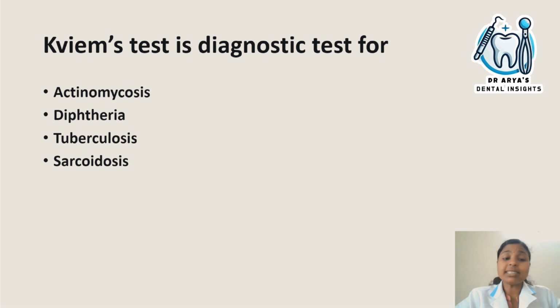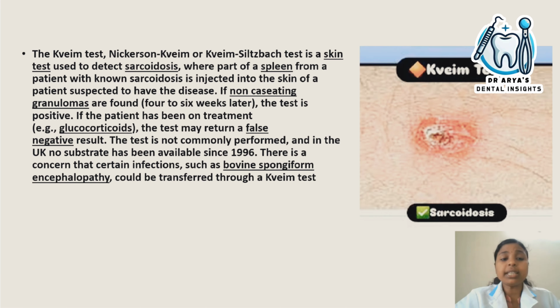And then the next question is Kveim's test is a diagnostic test for actinomycosis, diphtheria, tuberculosis or sarcoidosis. Actually, it is a skin test and it is used to detect sarcoidosis, where part of a spleen from a patient with sarcoidosis is injected into the skin of patients suspected to have the disease.